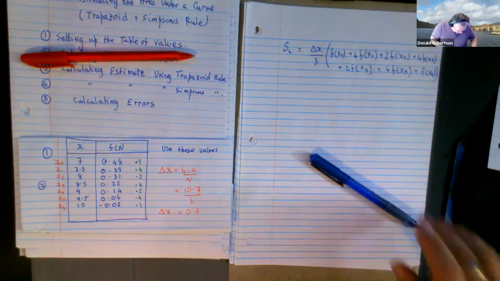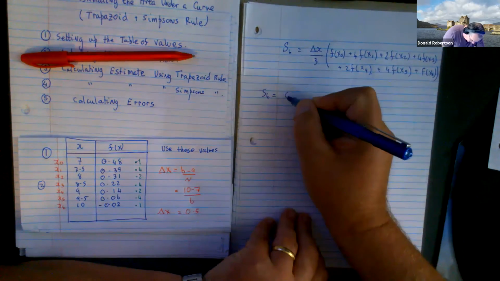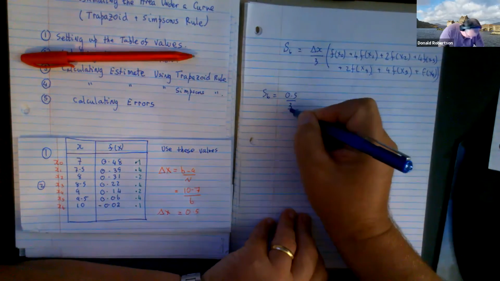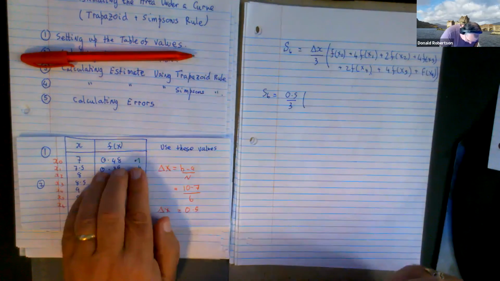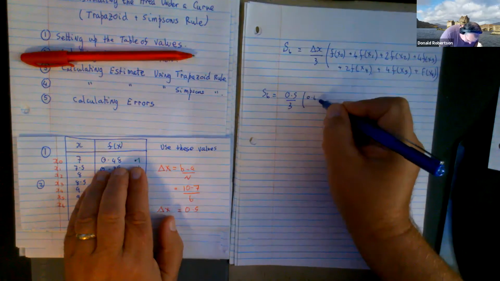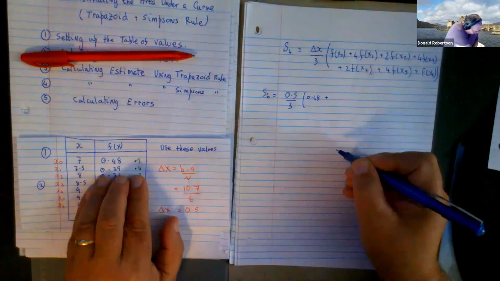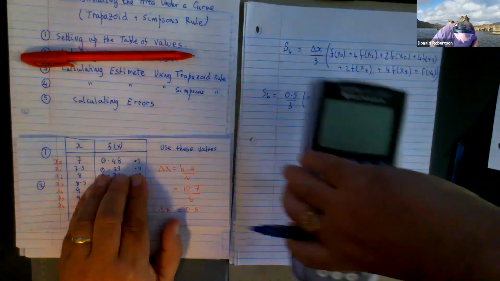So in this one, delta x is still 0.5. Now it's being divided by 3. And it's one of these guys, 4 of these guys.